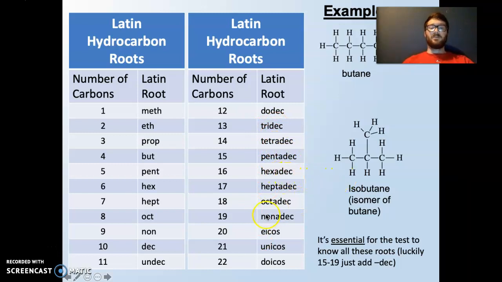And the only weird ones are when you get to like 20 carbons, icos. What in the world is that? Really, I've never used that in my career as a chemistry teacher. Once you get to something that has 20 carbons, typically they're not naming it using the hydrocarbon name. They're just going to give you the chemical formula.